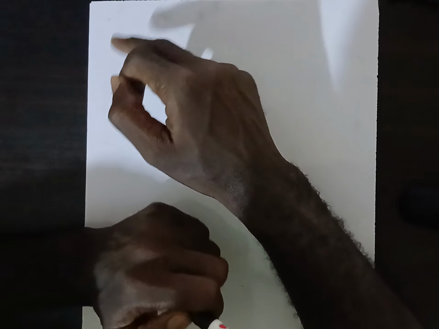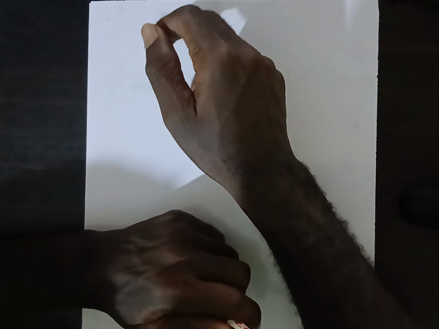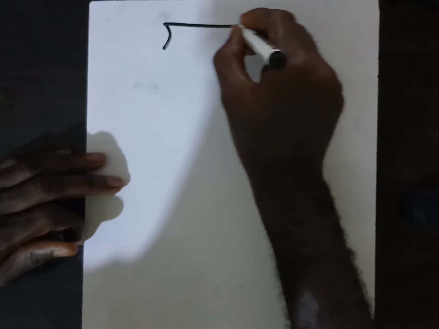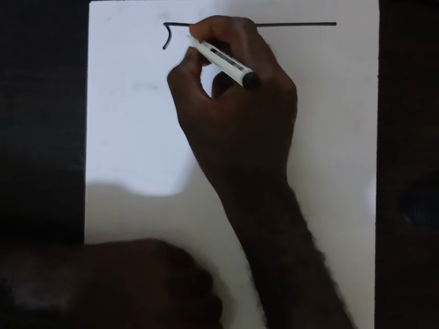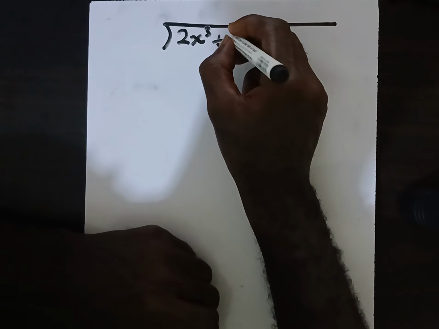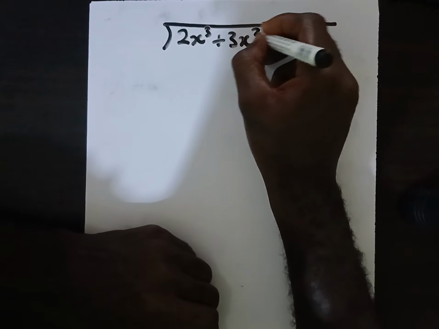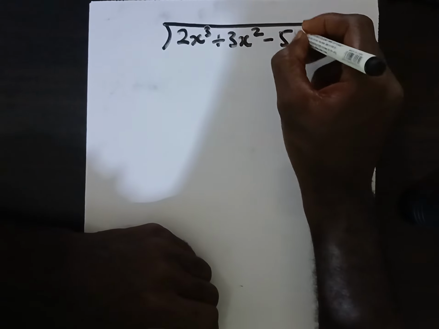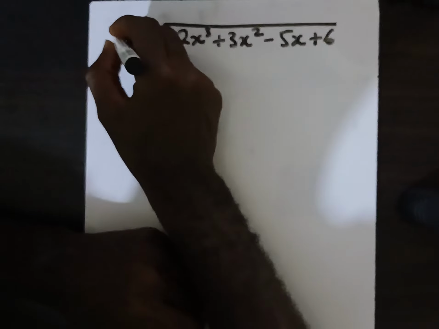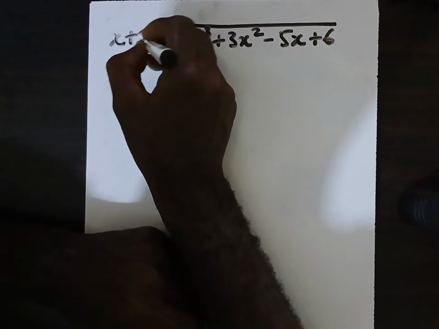Since 2x cubed plus 3x squared minus 5x plus 6 is the numerator, that will go inside of the radical symbol. So we have 2x cubed plus 3x squared minus 5x plus 6, and that is being divided by x plus 2.